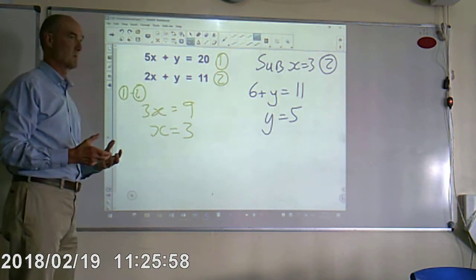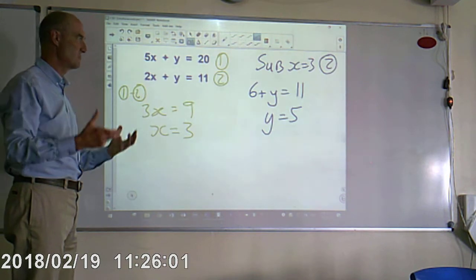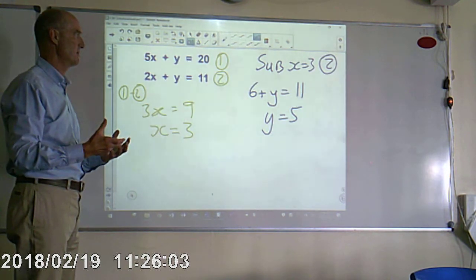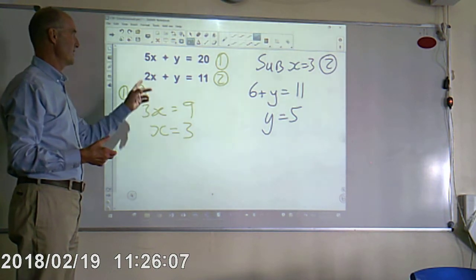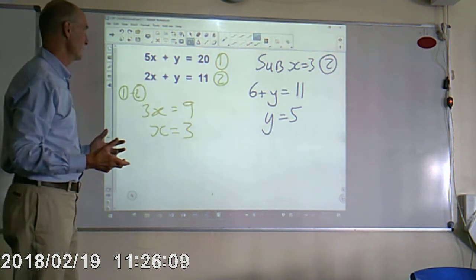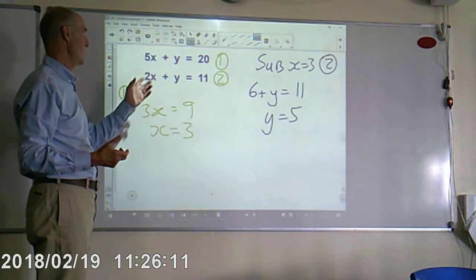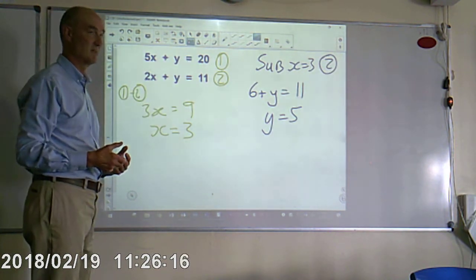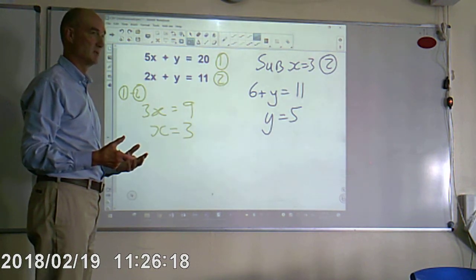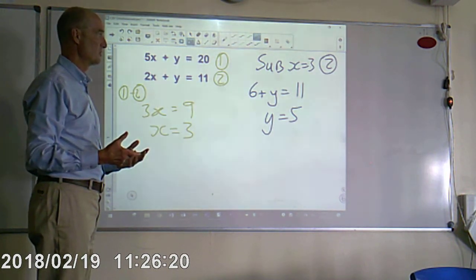So that's the more simple type of example, solving simultaneous equations by elimination. It gets complicated, as I'm sure you'd expect, and some of you will know already. What happens when the coefficients in front of either the x's or the y's aren't the same? Then we've got to do a little bit more work. I'm going to go through some examples of this now.